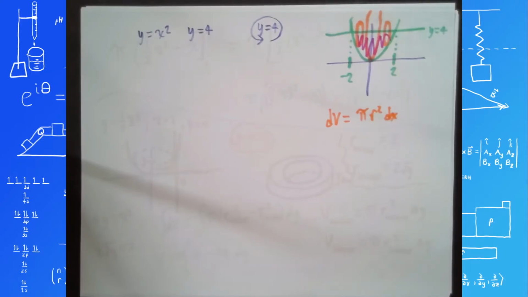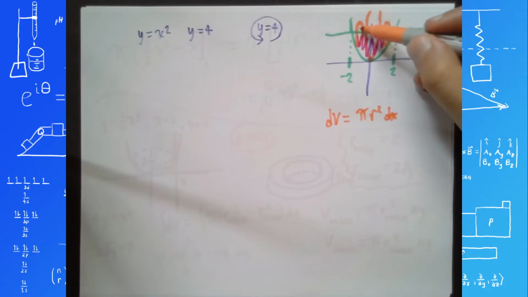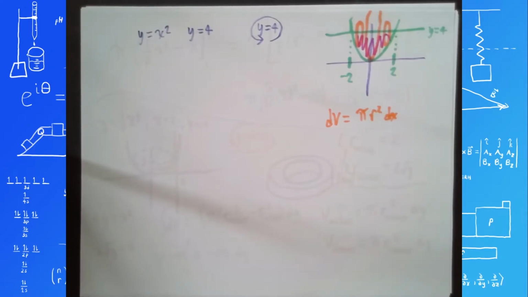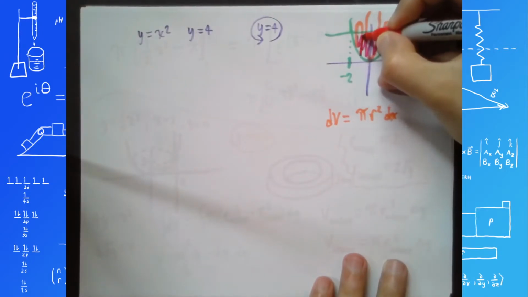The only thing that's changed is how you would actually calculate the radius. So in this case, the radius is not equal to the value of the function at any given point. The radius is the distance between this line and the curve beneath it. And that's not too hard to calculate. How do I get, say, this distance right here?